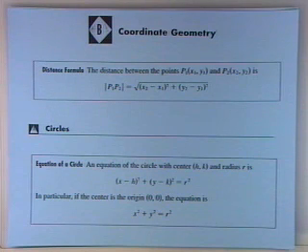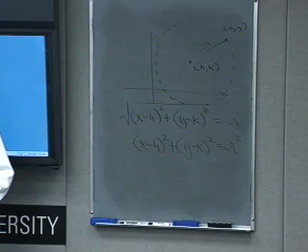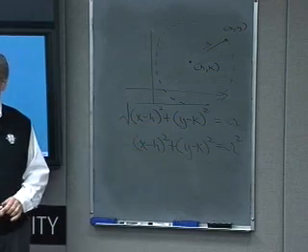Square both sides. Okay? So if we square this square root, we get what's under the radical, and if we square the right side, which is the radius, we get the radius squared. So there's our general equation for a circle. We'll do a little bit more with this than we did with the distance formula.